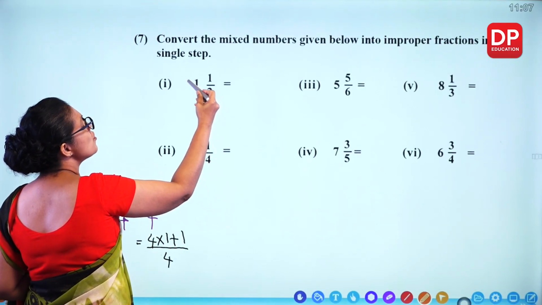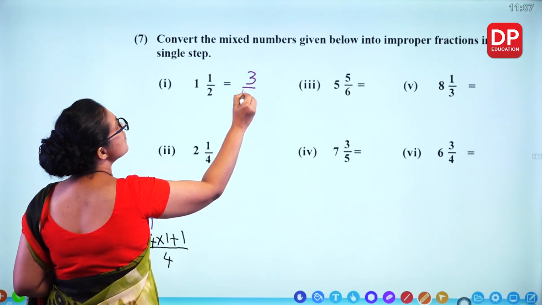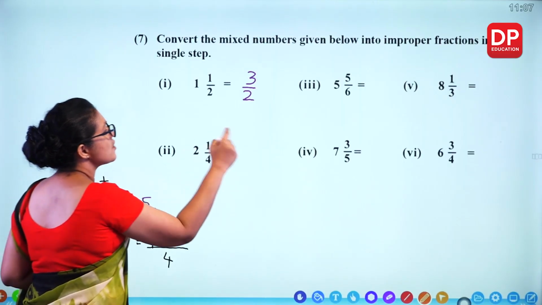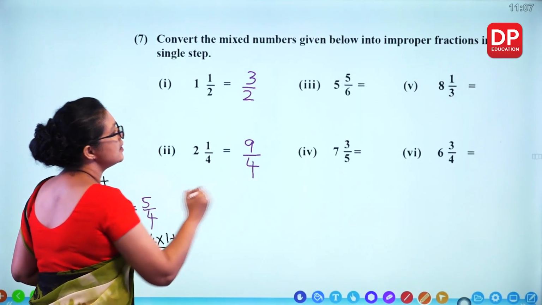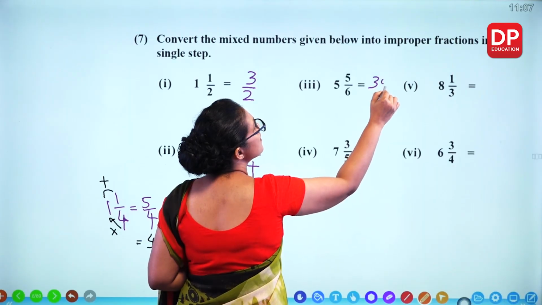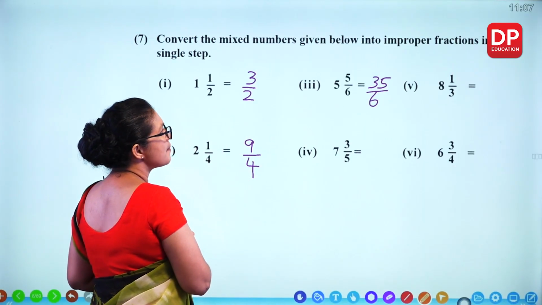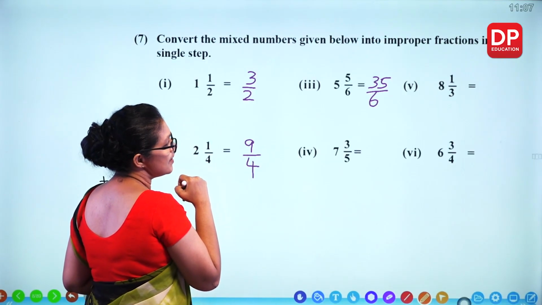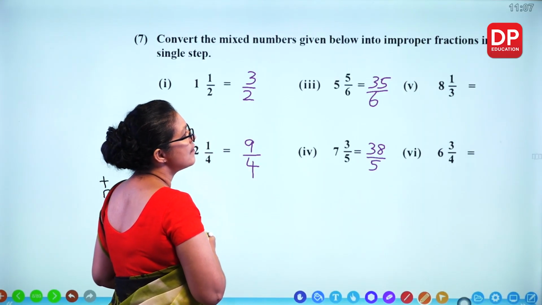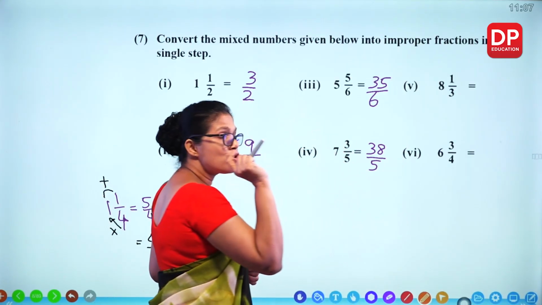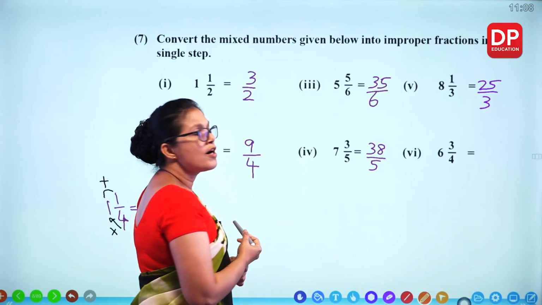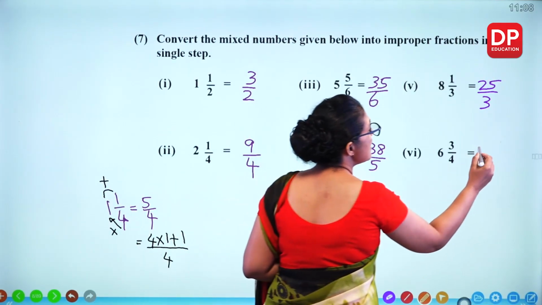Multiply. 2 times 1, 2. 2 plus 1, 3. 3 over 2. 2 times 4, 8. 8 plus 1, 9 over 4. 6 times 5, 30. 30 plus 5, 35 over 6. 7 times 5, 35. 35 plus 3, 38 over 5. 3 times 8, 24. 24 plus 1, 25. 6 times 4, 24. 24 plus 3, 27.